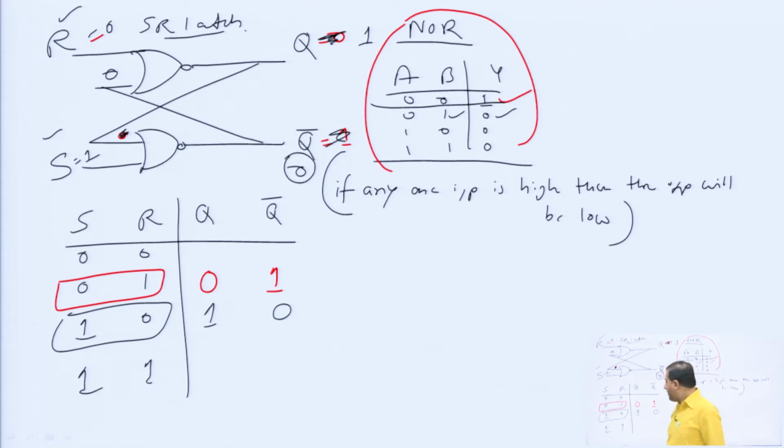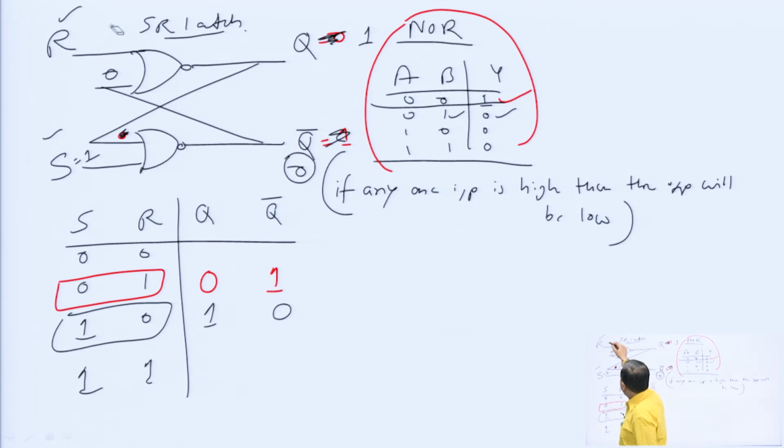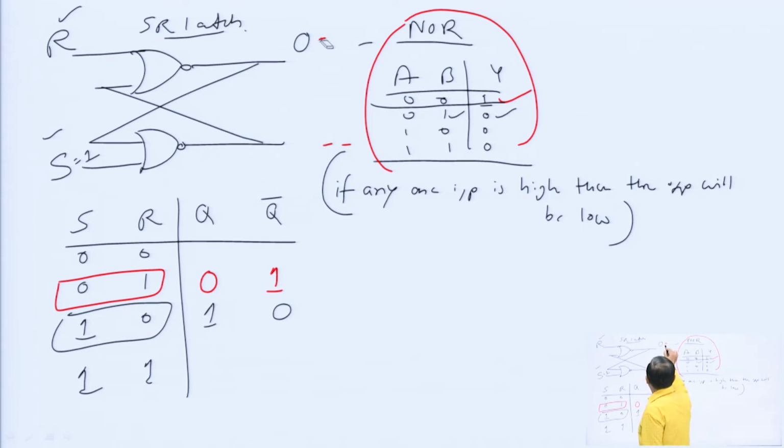Okay. Now, in the next case we will be having S also 1 and R is also 1. Let us check, S is equal to 1 and R is also 1.